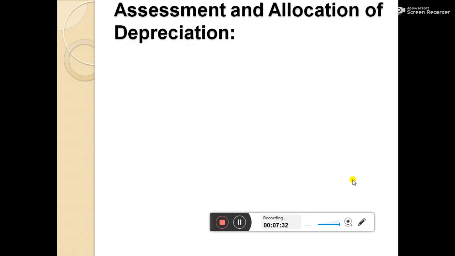Moving on to the next theory, we have to understand the assessment and allocation of depreciation. Under this point, we have to understand some important concepts. While calculating the depreciation, these terms are very useful.